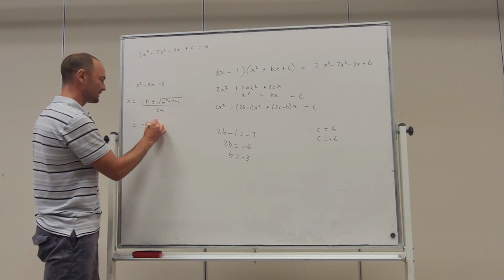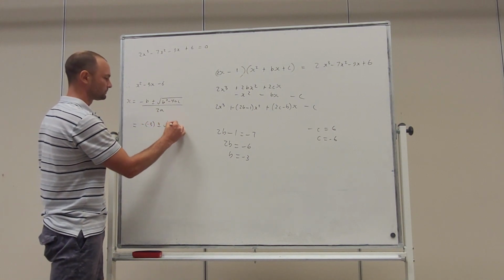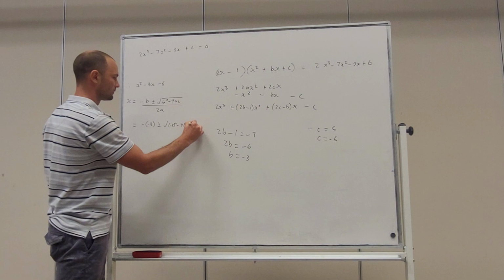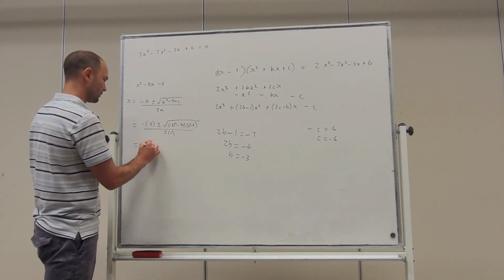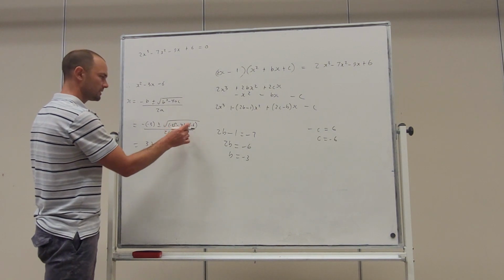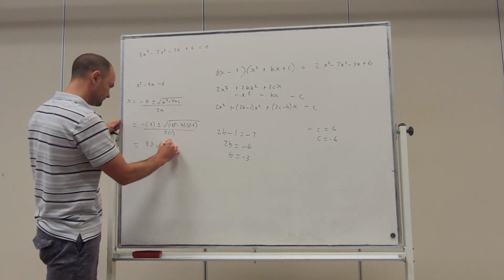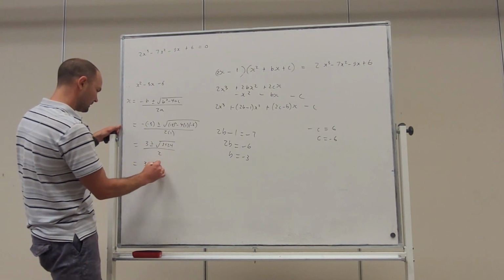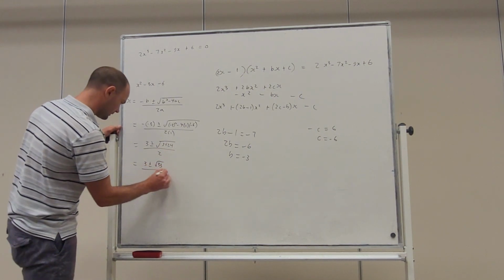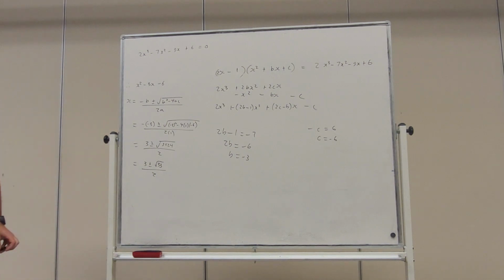Minus 3 plus or minus the square root, all on top of 2 times 1. We've got 3, 9 plus 24. 9 plus 24 is 33. I want to simplify that further.